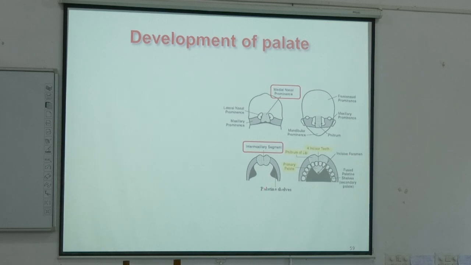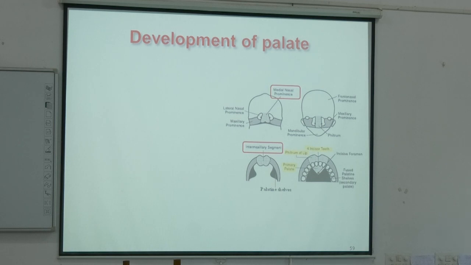Who makes these palatine shelves? The right side maxillary prominence and the left side maxillary prominence. They come from different regions, right side and left side, bridge with each other initially, and then bridge with this primary palate, leaving no gap whatsoever. This is how it is formed.